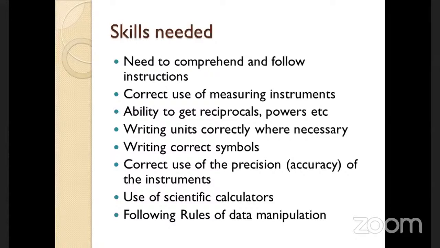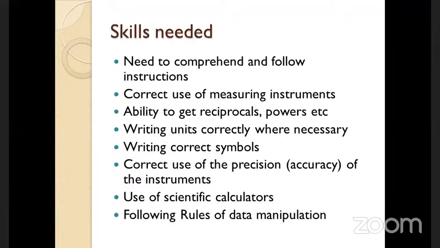Those instructions, just follow them the way they are. When you follow those instructions the way they are, this will help you in performing extremely well in the practicals. So you need to comprehend and follow instructions. When they say do this, do it as they have instructed you to do.